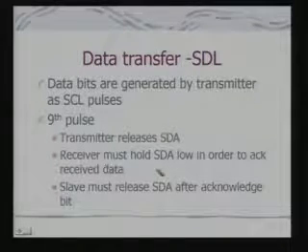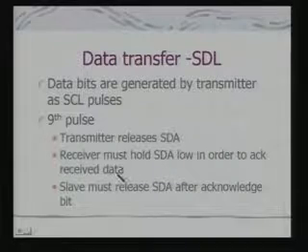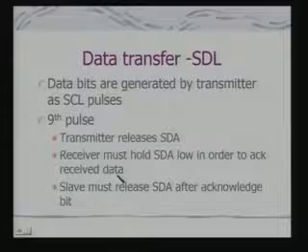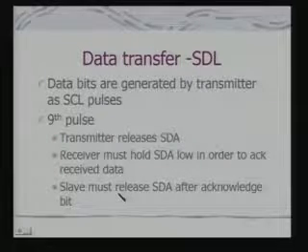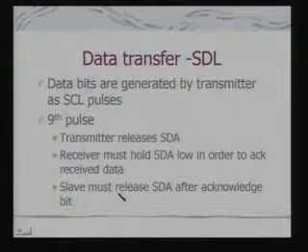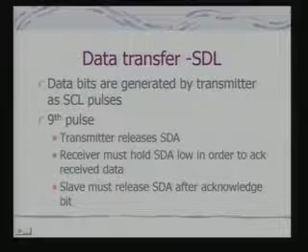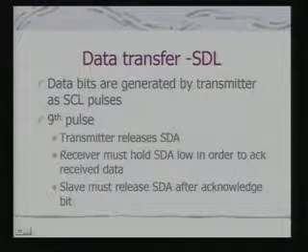The receiver must hold SDA low in order to acknowledge the received data, okay, and the slave must release SDA after the acknowledge bit, okay, so that now the master can again start transmitting, provided the clock is not pulled low by the slave.